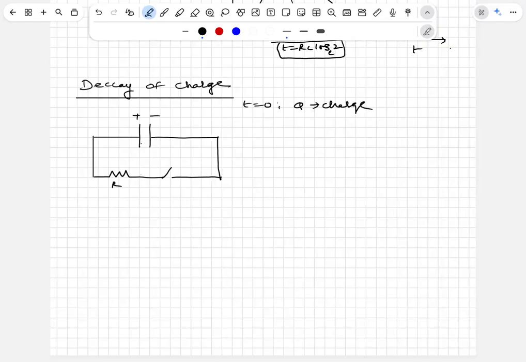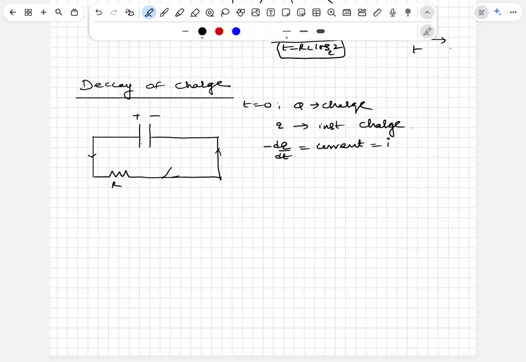Now the moment I close the key, it will discharge. Now here at an instant, if q is the instantaneous charge on the plates of the capacitor, minus dq by dt is the current through the resistor.